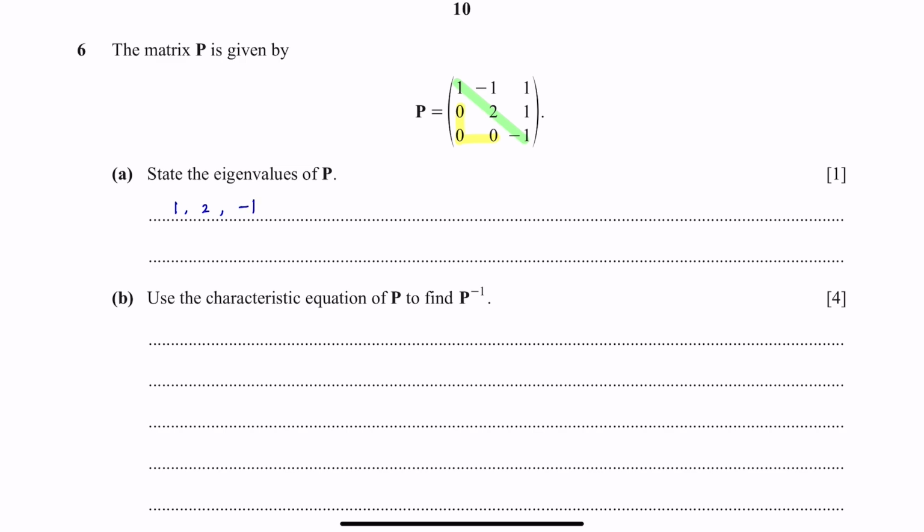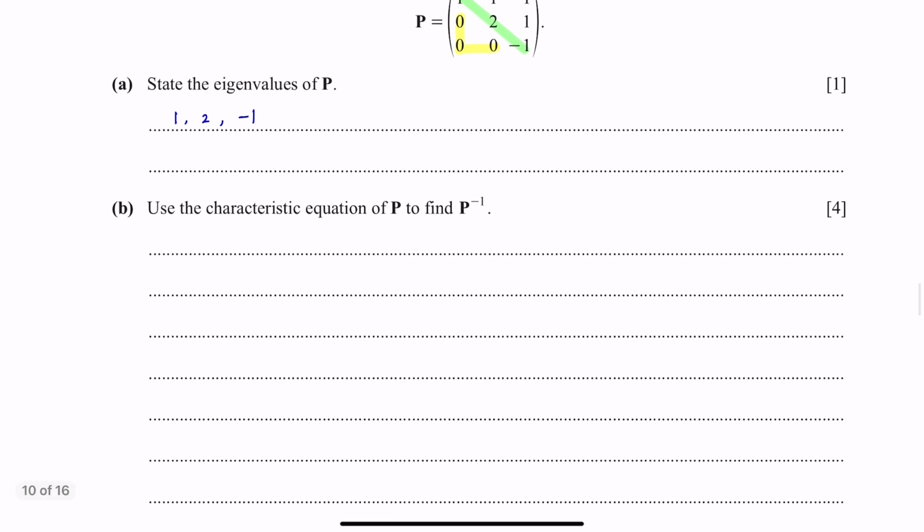Part B, we need to use the characteristic equation of P to find the inverse of P. So what are characteristic equations? Basically, you can write the eigenvalues in the equation.